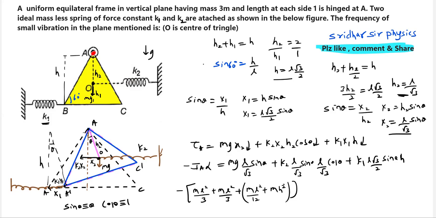Moment of inertia of this rod will be ml square by 3, about this end, passing through this end perpendicular. Moment of inertia of this rod BC about A will be ml square by 12 about the axis passing through the midpoint and perpendicular to the plane, plus the perpendicular distance term, m h square.